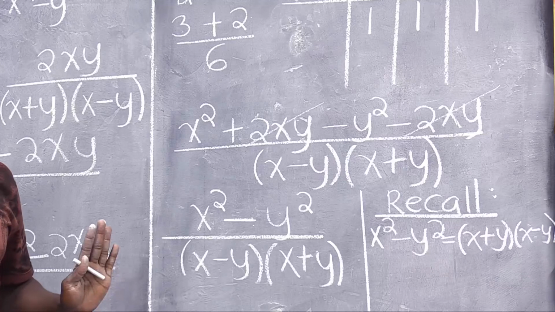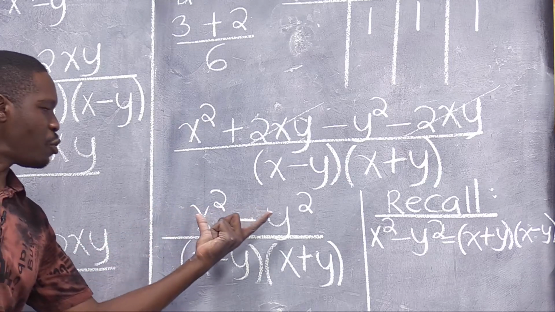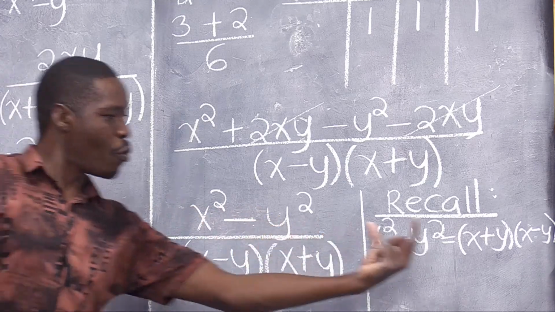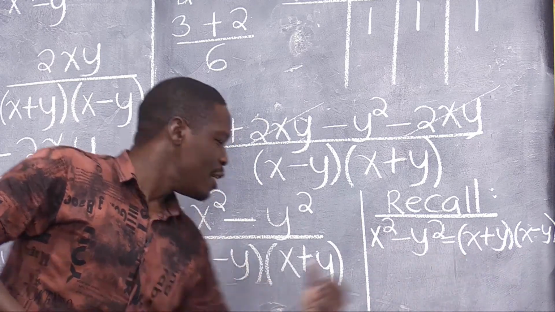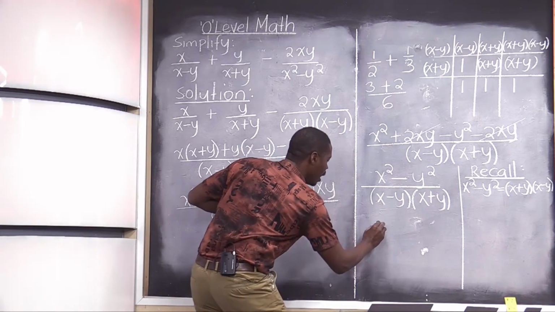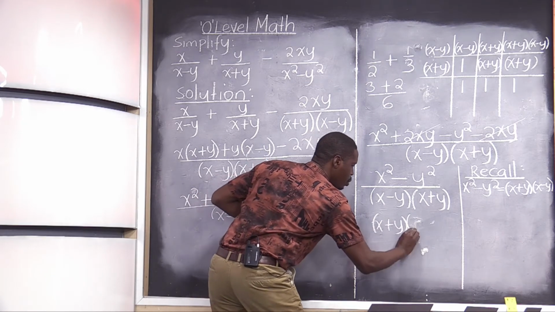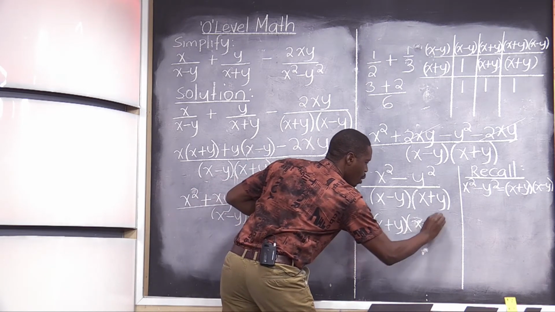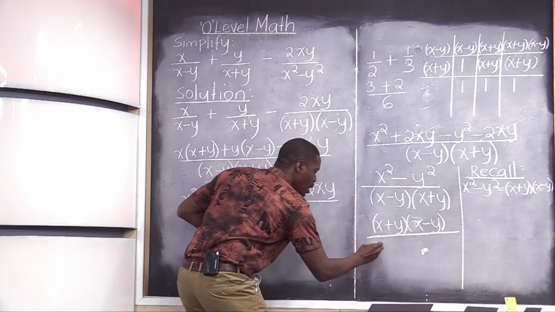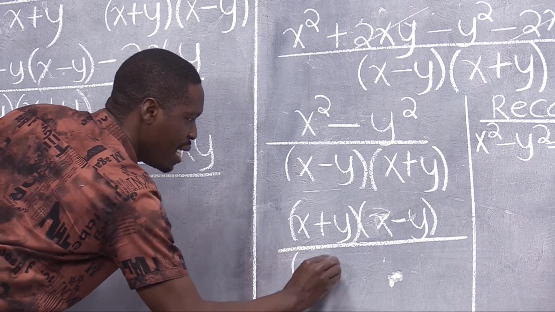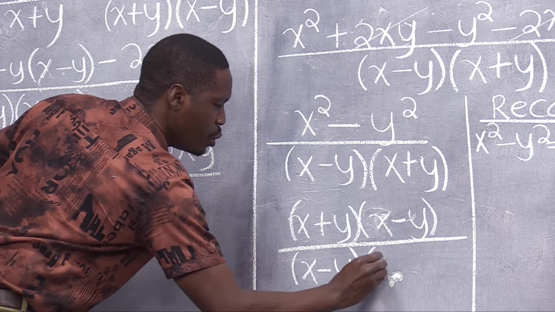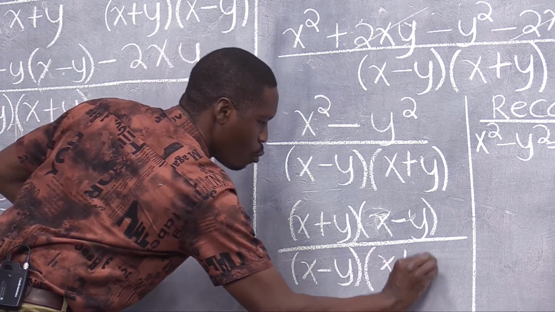Now, we are going to substitute the x squared minus y squared with this expansion, so that we are having x plus y into x minus y all over x minus y into x plus y.